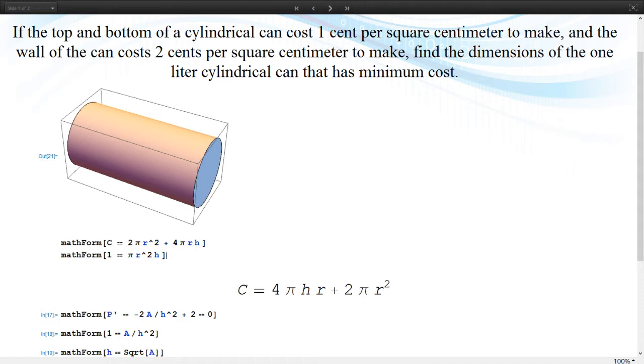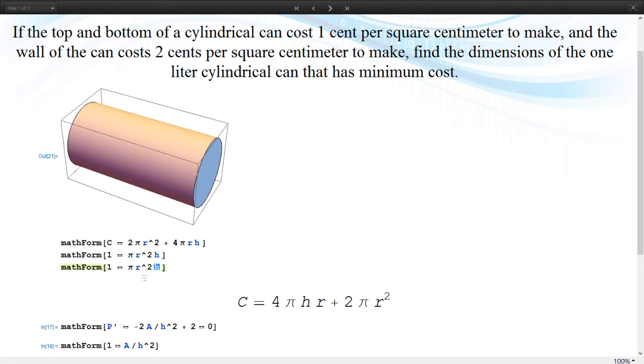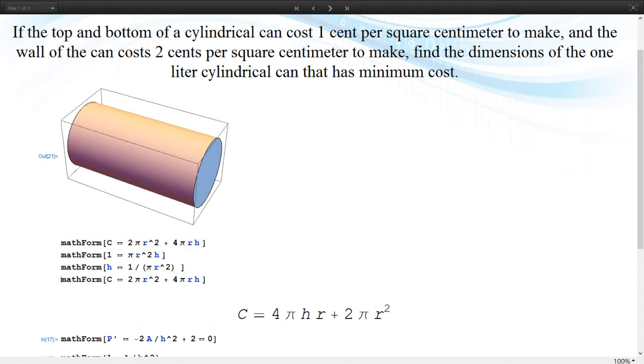But that also means that our height is equal to 1 over pi r squared. And that helps us to substitute into the original equation so that we can get the original equation in terms of the radius only.